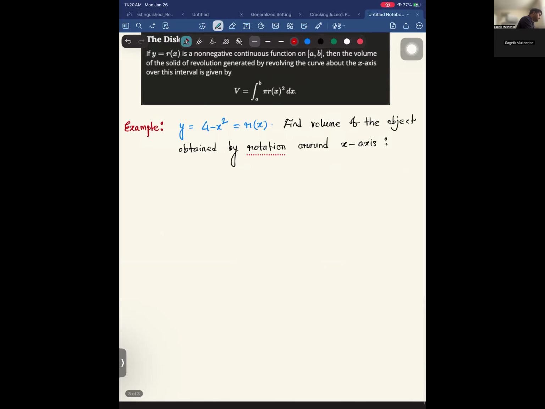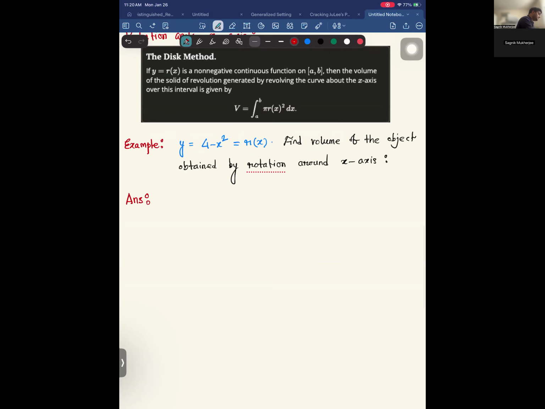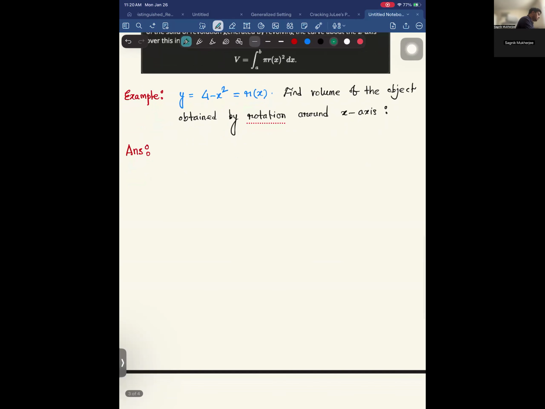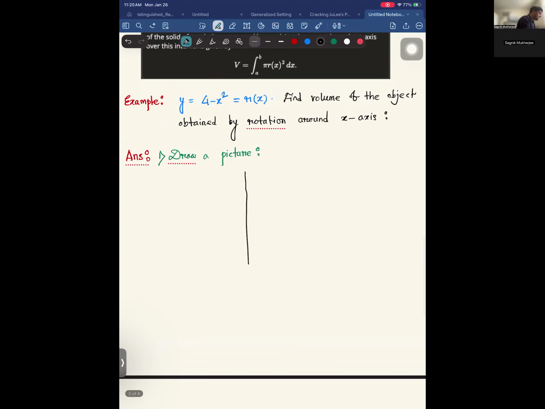So how do you do it? Let's see. First step, draw a picture. For this you need some idea how to draw a graph of an arbitrary function.